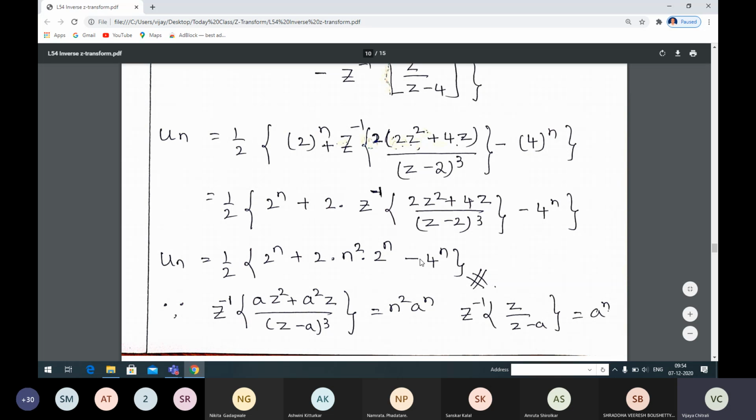So 2^n, and this minus 4^n is as it is. We have used this result, z inverse of (a z^2 + a^2 z) divided by (z − a)^3 is n^2 a^n. This 2 is as it is. So n^2 into, in place of a, 2^n, right? This is required answer. So u_n is equal to 1 by 2, 2^n plus 2 into n^2 into 2^n minus 4^n. So this is required answer.